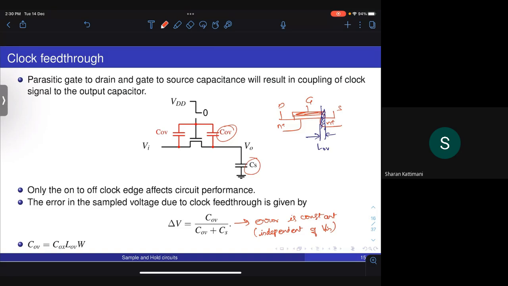Whether I'm sampling a sine wave of 100 millivolts amplitude or some 5 volts DC, it doesn't matter what the input amplitude is. The offset is only determined by the overlap capacitance and the sampling capacitance. That is one good thing, because this error appears like an offset, and offset is generally easy to correct, unlike non-linearity errors, which are very tough to correct.